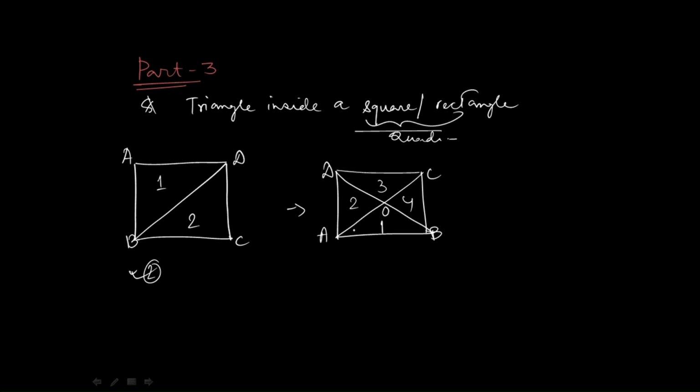And 1 and 2 will make another triangle. 2 and 3 will make another triangle. 3 and 4 will make another. 1 and 4 will make another. So how much? 1, 2, 3, 4. 4 triangles. And there will be 1 and 2, 1, 2 and 3, 1, 3 and 4, and 1 and 4. So this is 4 plus 4, 8 triangles.